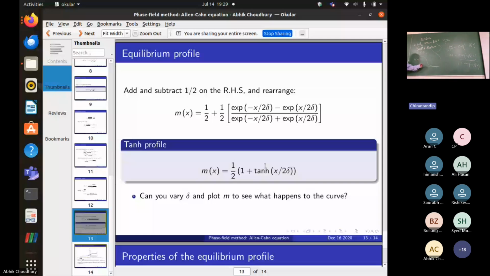It looks like this. Okay? This is how it will look.